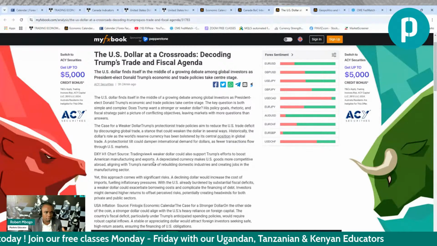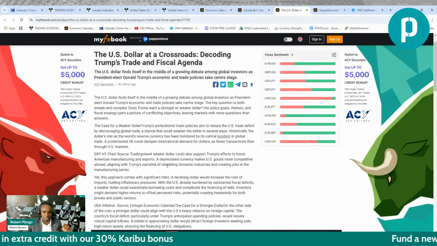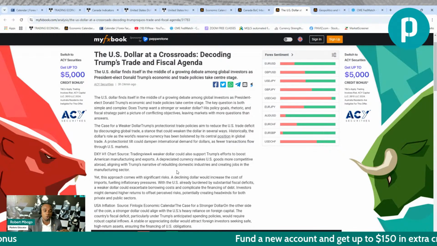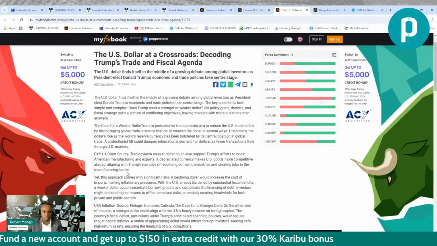So, the policies that Trump wants to create more jobs in the US by ensuring that the exports are higher, right, through the manufacturing industry. So a depreciated currency makes US goods more competitive abroad, aligning with Trump's narrative of rebuilding domestic industries and creating jobs in the manufacturing sector.